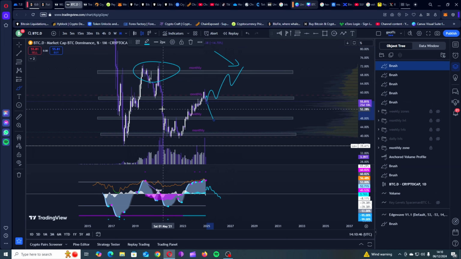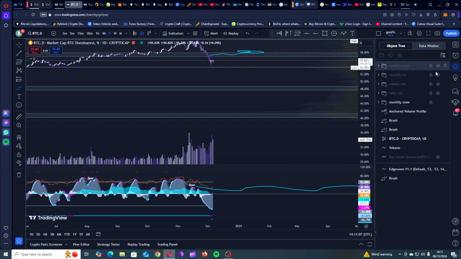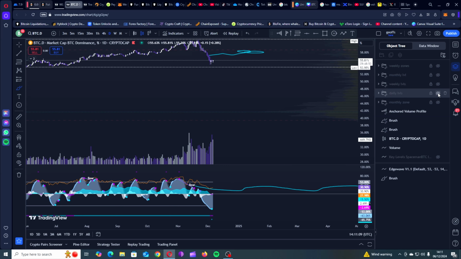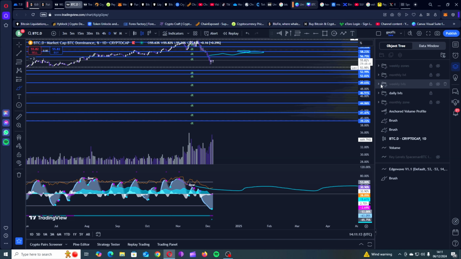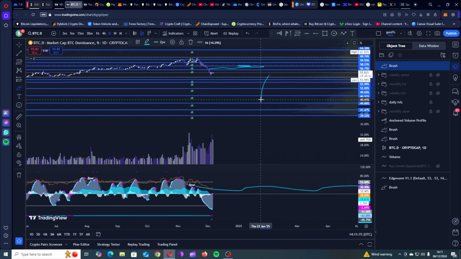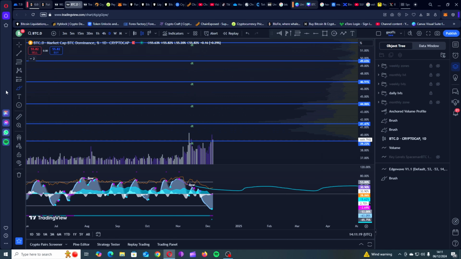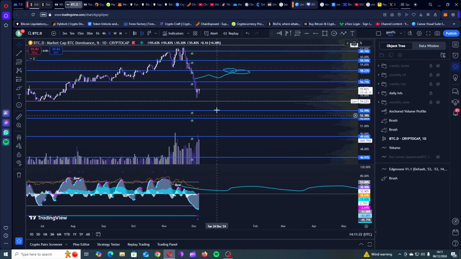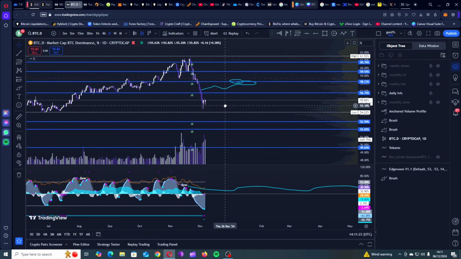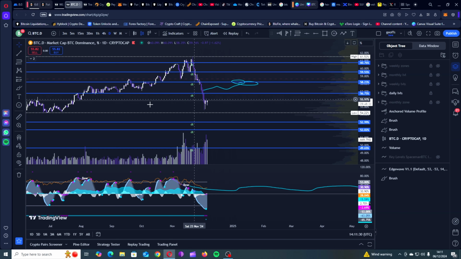So going down into the daily levels. As you can see, I have got a lot of levels on here. So we've got significant areas where we're rejecting, we're holding, we're rejecting, we're holding, we're rejecting, we're holding.